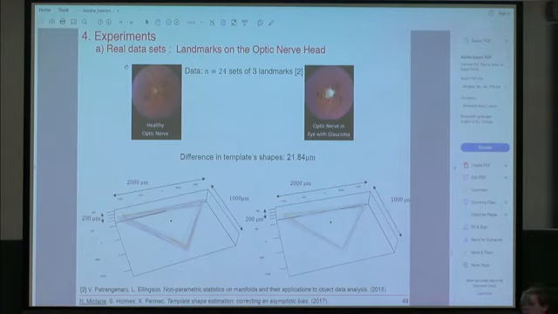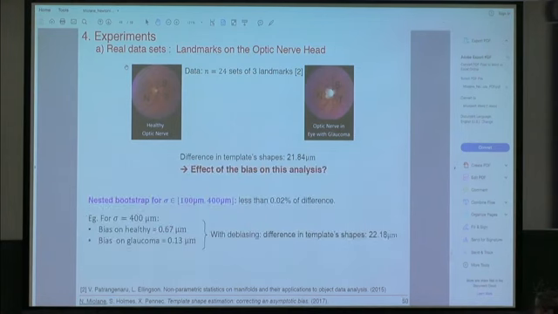So the question is, in this statistical study that was done in 2015, is there a bias? Well, we know that there is a bias, but is this bias important enough to have biased the result of the analysis? In that case, I did a nested bootstrap, not the iterative bootstrap that I presented, because the nested bootstrap is more robust with respect to change in the generative model. And I computed that there is in fact less than 0.02% of difference.